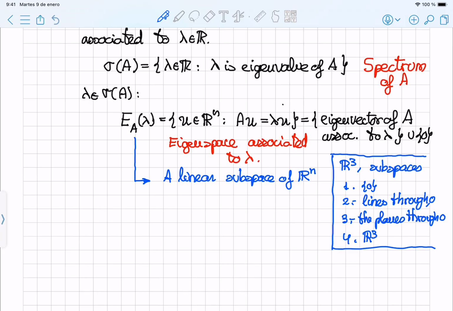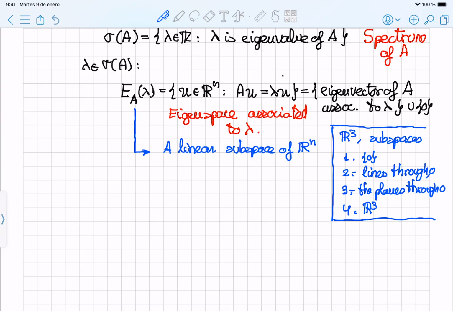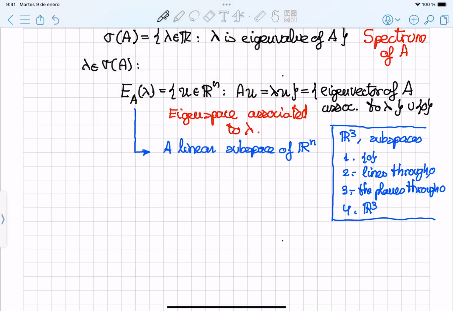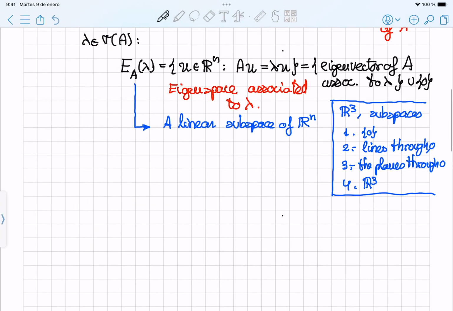Okay, so since this is a linear subspace, we can hope to find bases. And the whole thing of diagonalization will be finding bases for these subspaces. Once this is clear, the last maybe crucial thing in this first day topic is how to compute the eigenvalues.